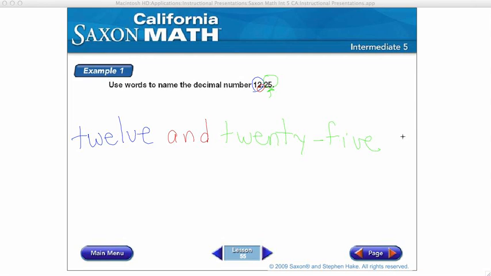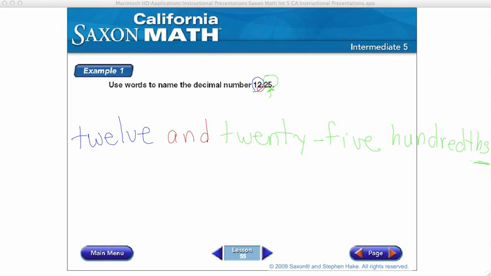I see that the 5 is in the hundredths place. So I write in the place value. Okay, again, don't forget that THS on the end. Okay, so you would write 12 and 25 hundredths to name this number.